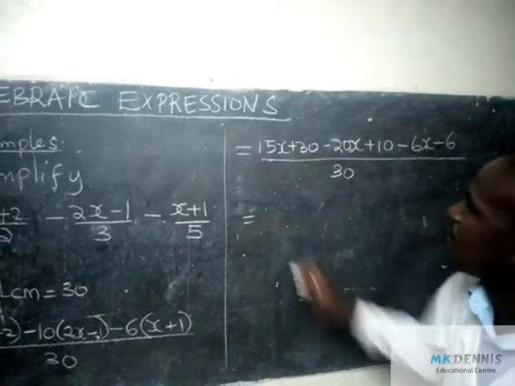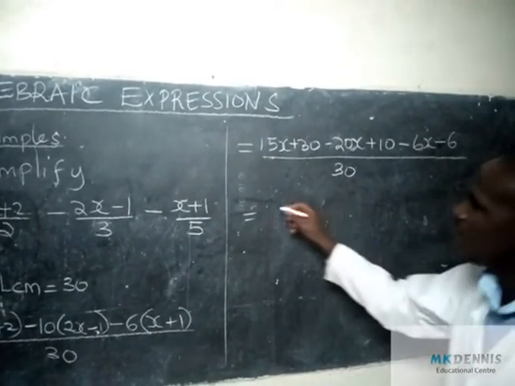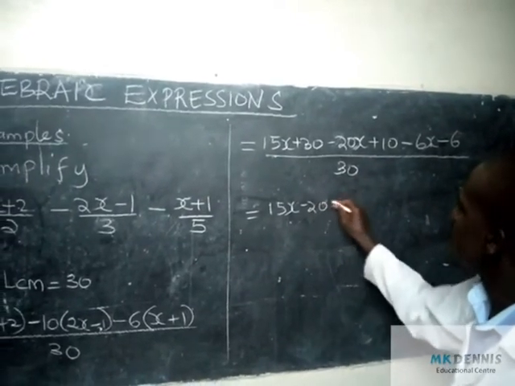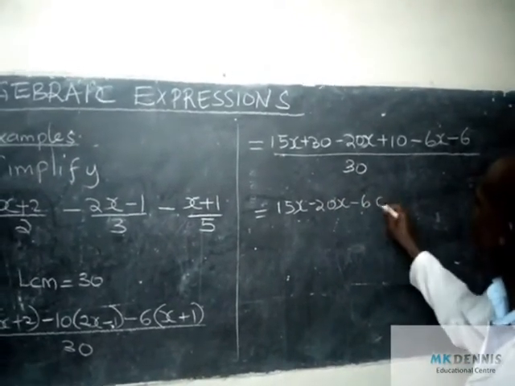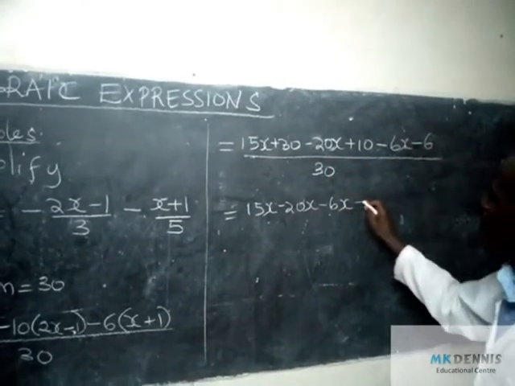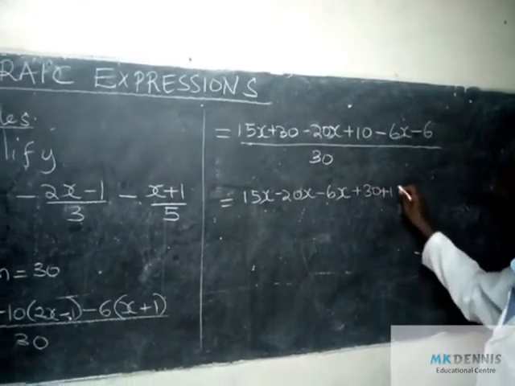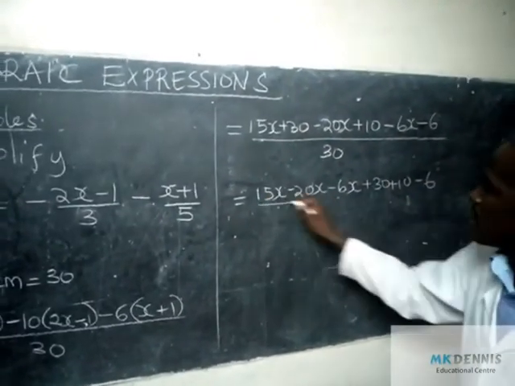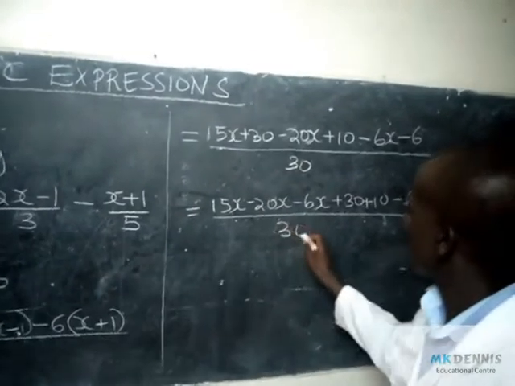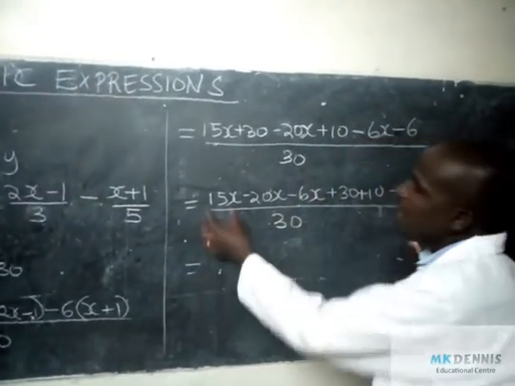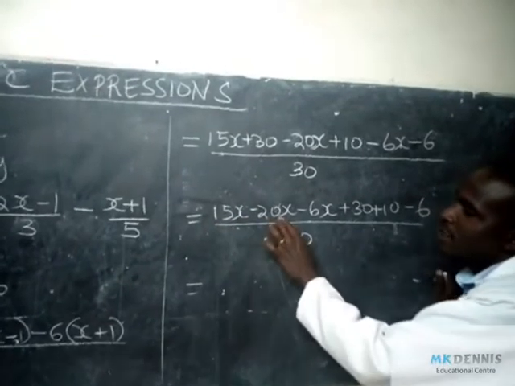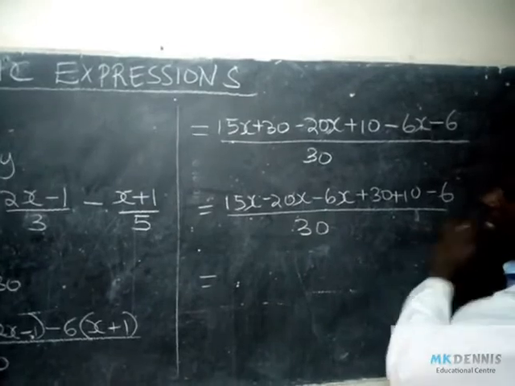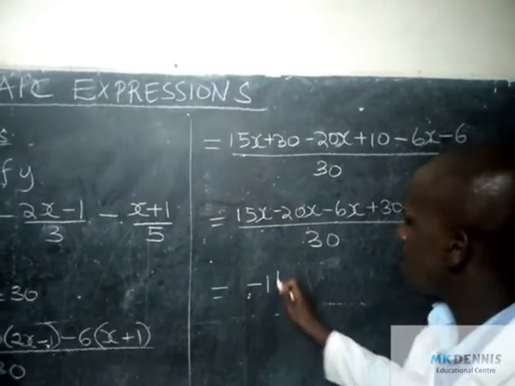Now we group the like terms together: 15x minus 20x minus 6x, plus 30 plus 10 minus 6, all over 30. 15x minus 20x becomes negative 5x. Then negative 5x minus 6x becomes negative 11x.